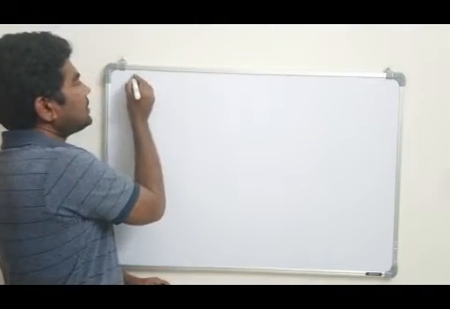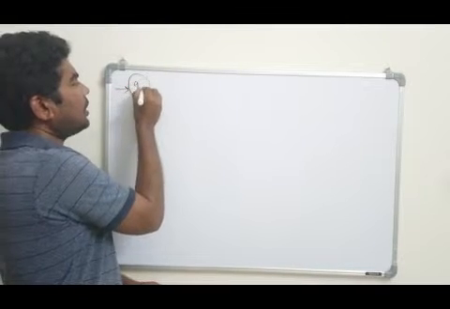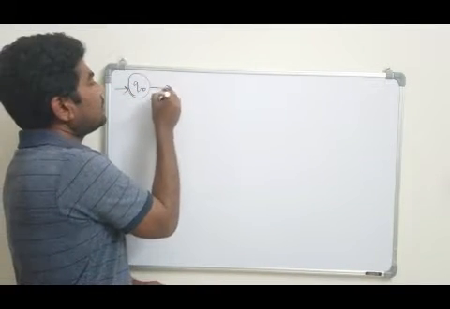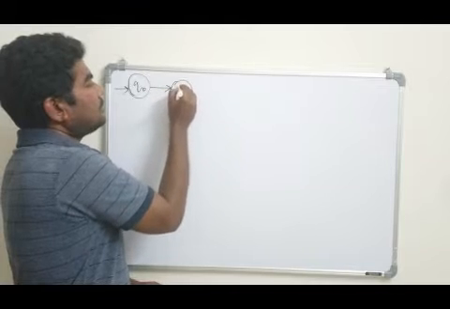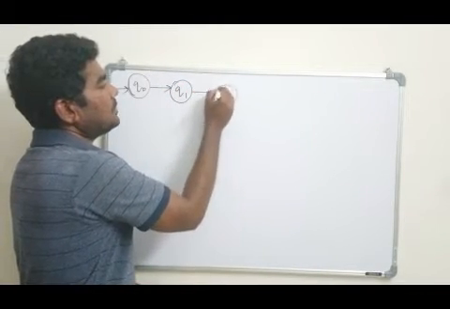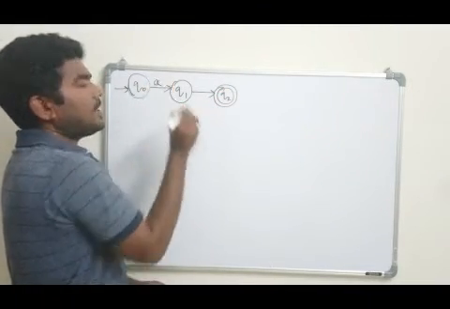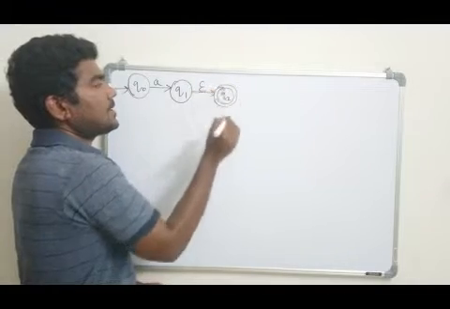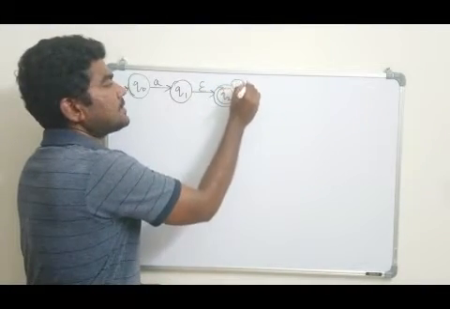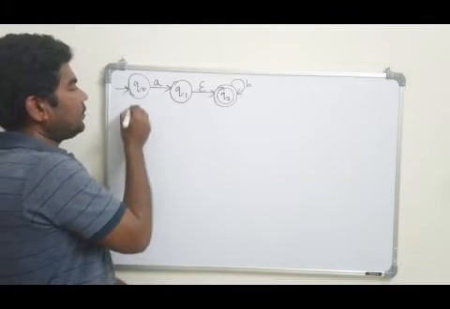So what we'll do is we'll take a transition q naught, then q1, then q2 will be the final state. Here I am taking A as an input, here epsilon as an input, here B as an input. Now you draw the transition table for this.